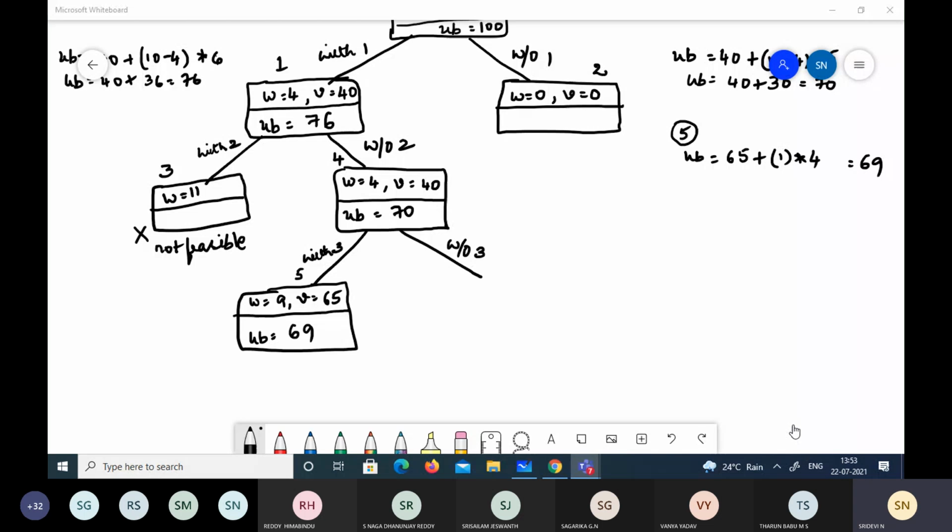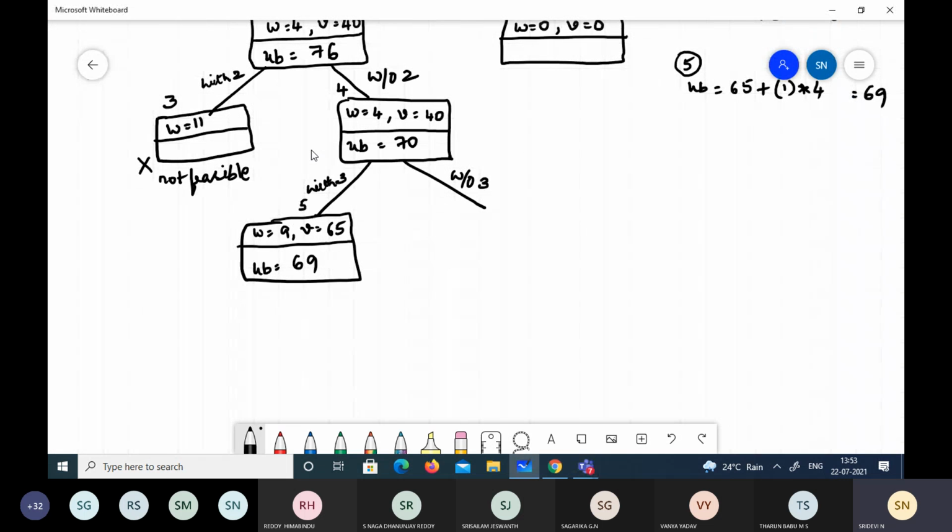Okay, so 69. As it is a promising node, we'll just move further and check. Let's check with 4 now. With the fourth node, yes.